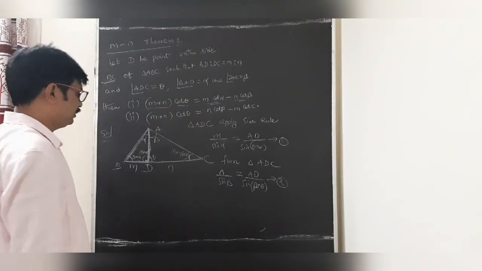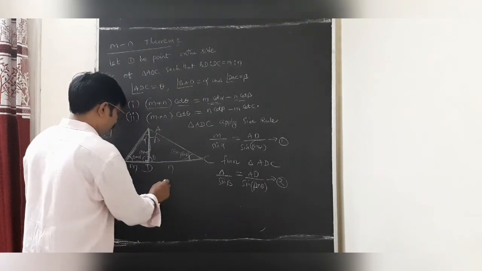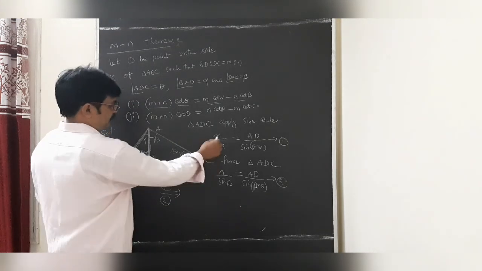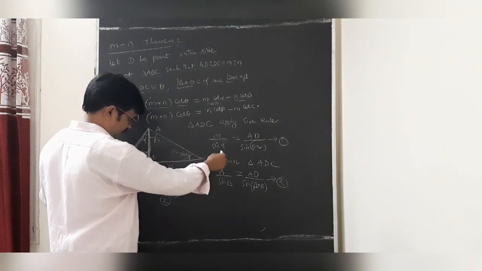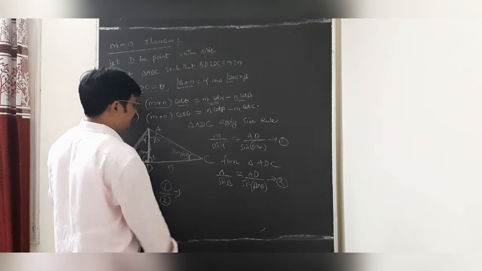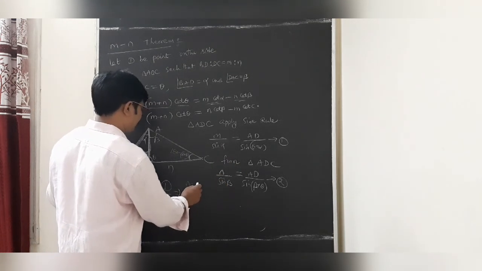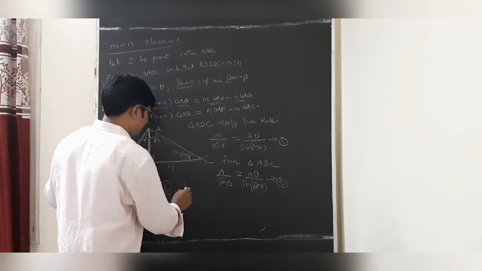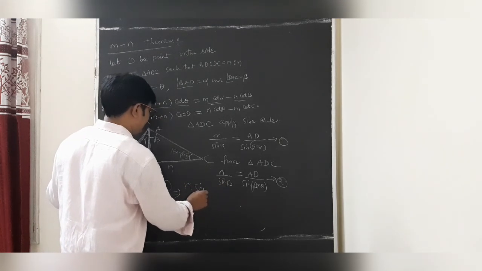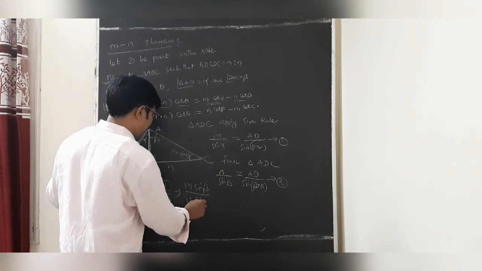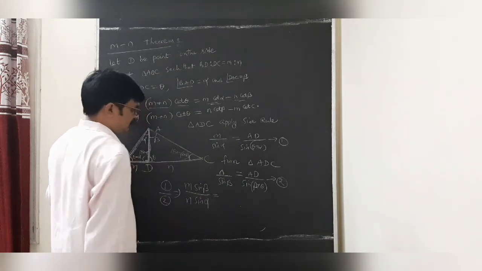Okay, now 1 by 2. When we are taking 1 by 2, dear students, this is m by sine alpha by n by sine beta. This will be sent to the numerator: m sine beta by n sine alpha.